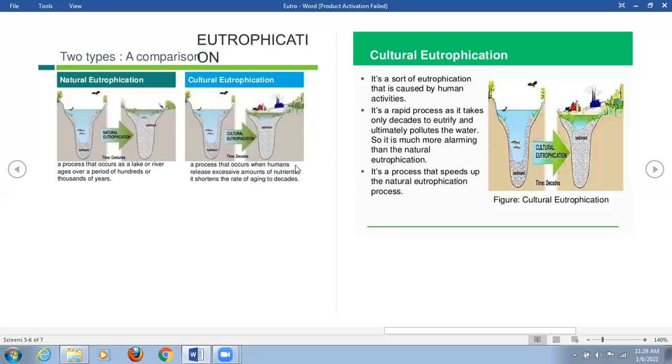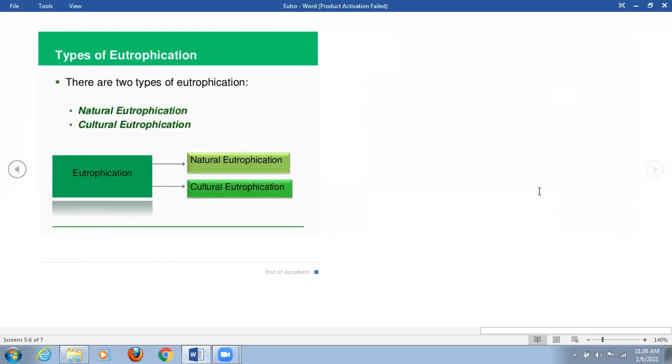So the conclusion of this particular slide: cultural eutrophication, because of human-made activity, speeds up the process of natural eutrophication, and this is an alarming situation for human beings. So as I told you, there are two types of eutrophication: natural eutrophication and cultural eutrophication.